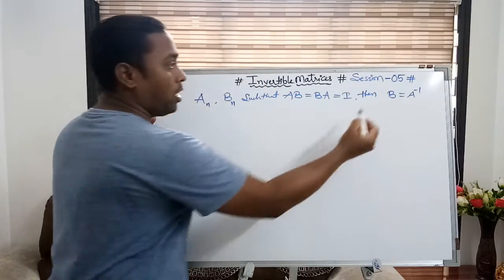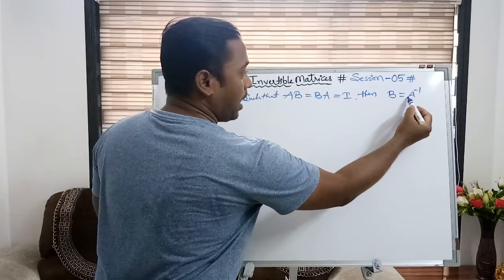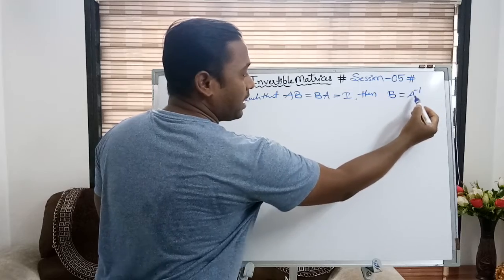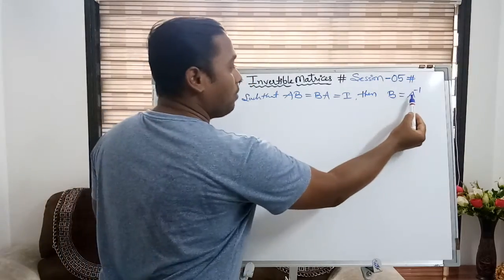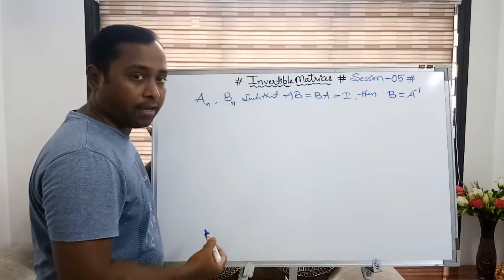So B is called the inverse of A, written as A power minus 1. By writing minus 1, we are saying it is the inverse of matrix A.